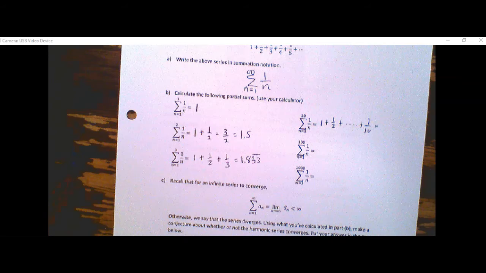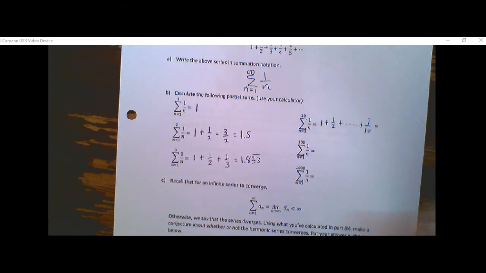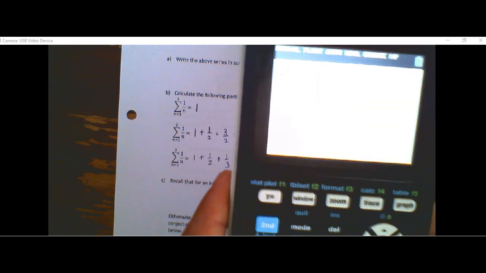If you hit that, it's going to put in a summation for you. We're just going to fill it in. I'm going to put my variable, we can use either n's or x's, whatever. I'm just going to put x there. We're going from 1 to 10 of 1 over x.